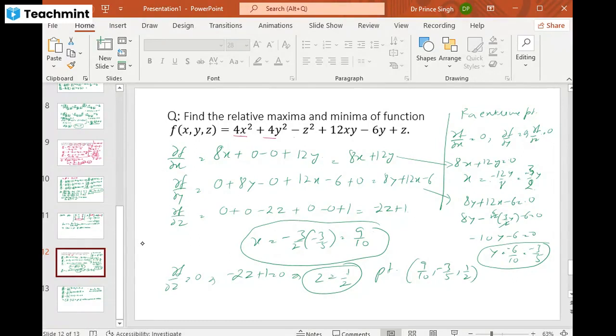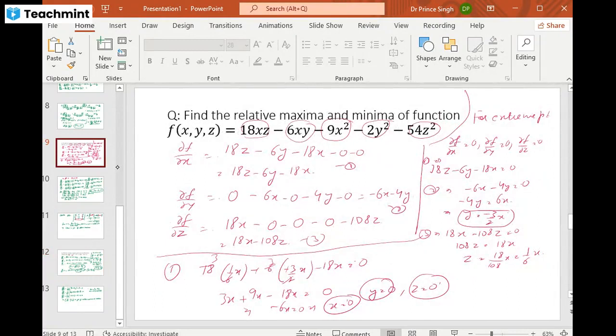So second order derivative with respect to x is positive because of the positive sign. This is positive, but this is negative. Because they are not of the same sign, it is a point of neither maxima nor minima. Whereas in the last problem, it is clearly visible that they have a negative sign, meaning they must give us the point of maxima.